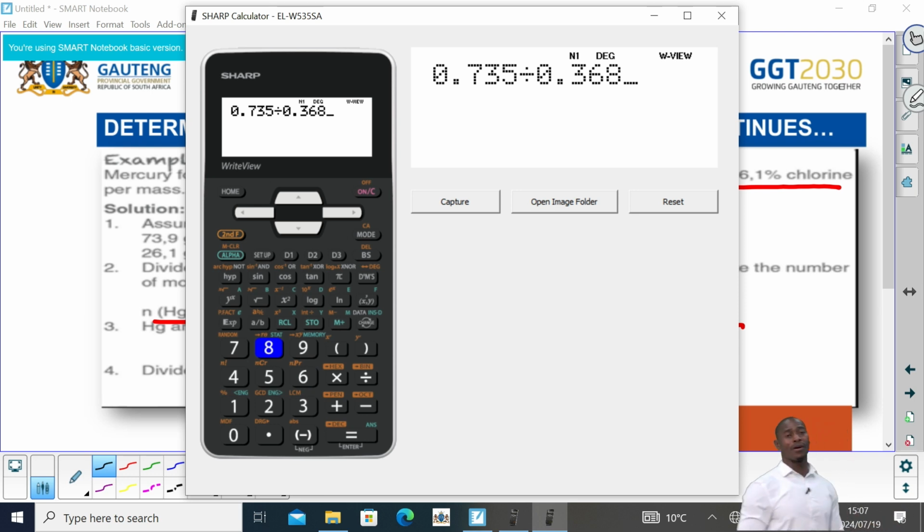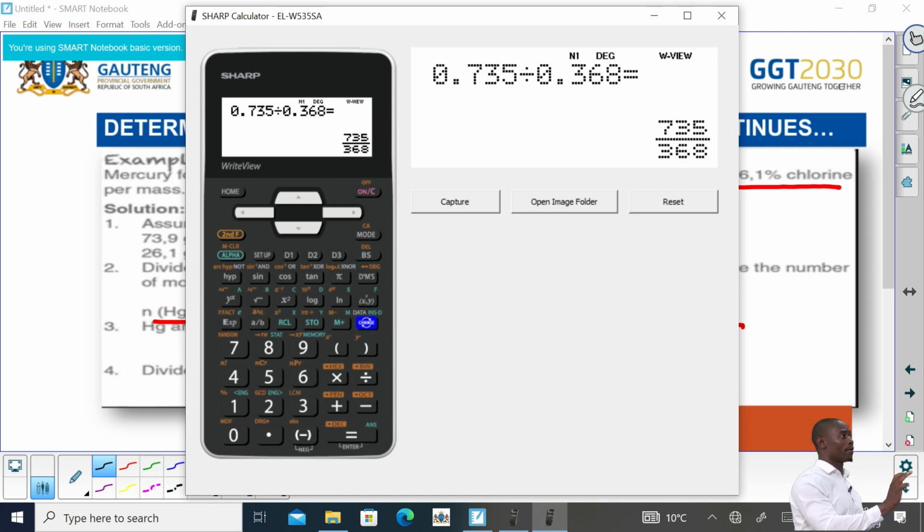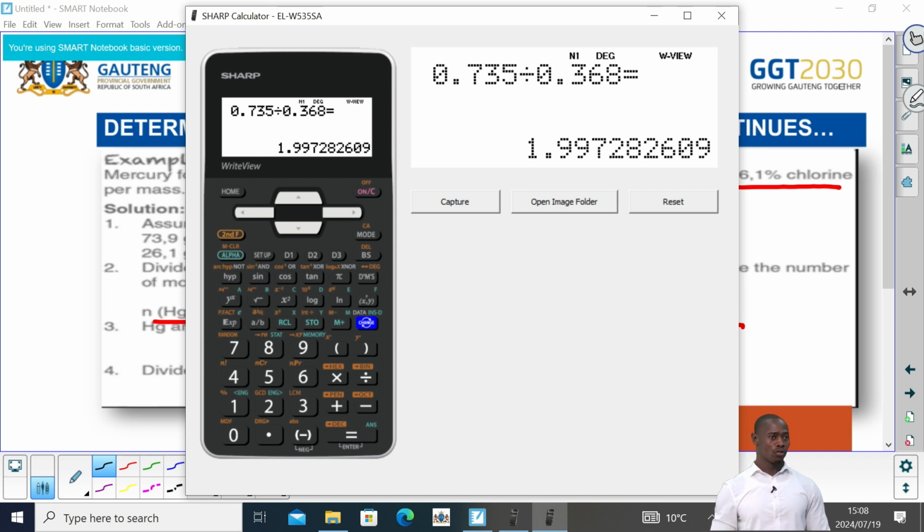Yeah, so it's 0.735, which is the number of moles of chlorine, divided by the number of moles of mercury, which is 0.368. So what are we getting here? It's 1.997, right? So 1.997 is approximately what? 2.